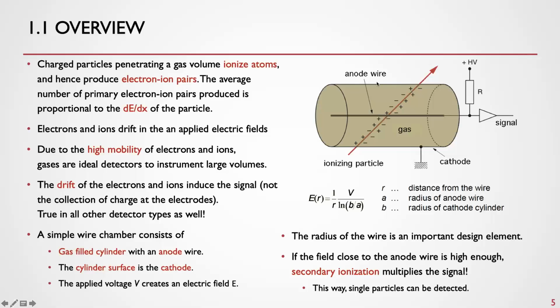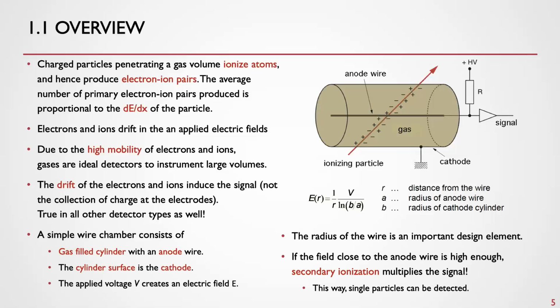But the wire leads to the possibility of amplifying the signal, because the electric field, being 1 over r, can become very high if the radius of the wire is thin enough. If the electric field is high, the energy of the electrons as they approach the anode wire can exceed the ionization threshold, and secondary ionization can then multiply the signal.